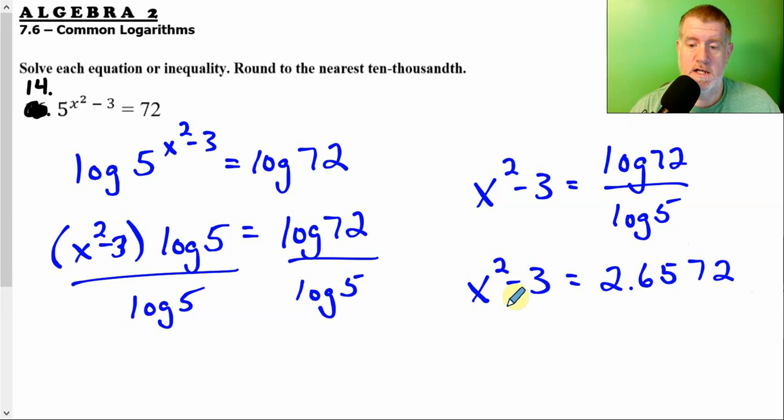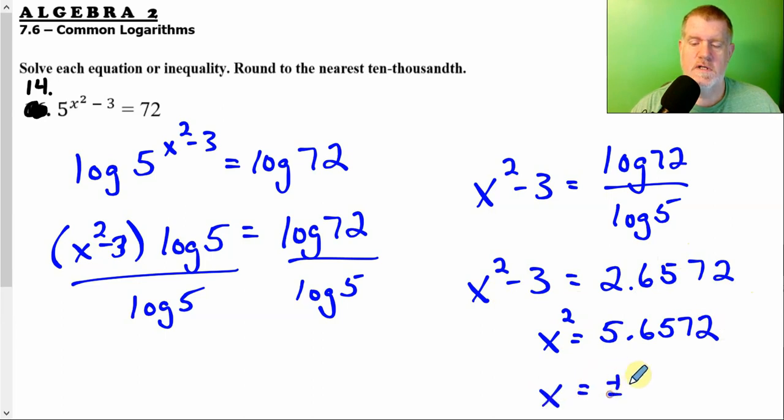Now I'm going to add 3 to both sides to make it 5.6572, and then take the square root. So the square root of that would give me 2.3785.